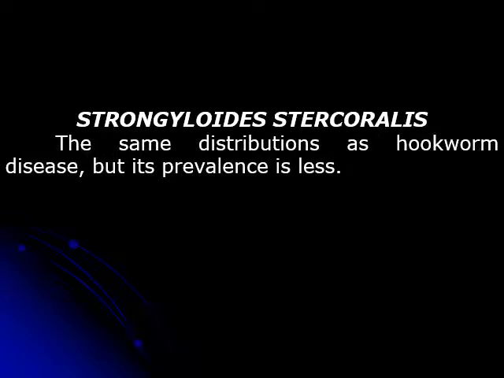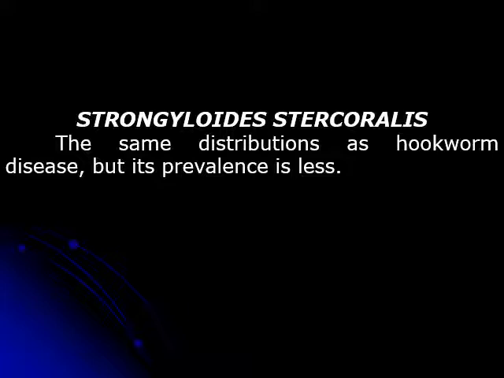This is Strongyloides stercoralis. We don't call it hookworm because it doesn't have hooks, but it is from the family Strongylidae, and we call it stercoralis because the infection comes from mud also.